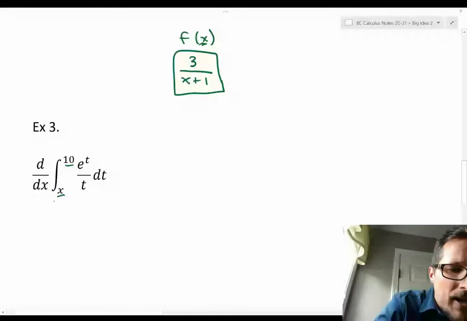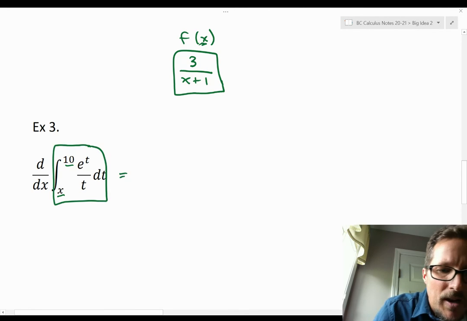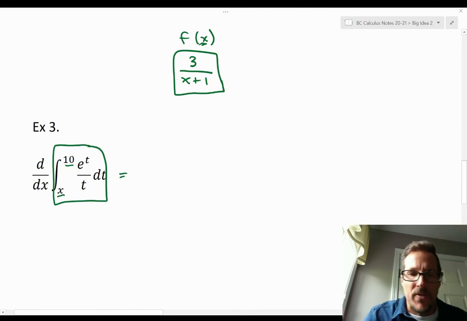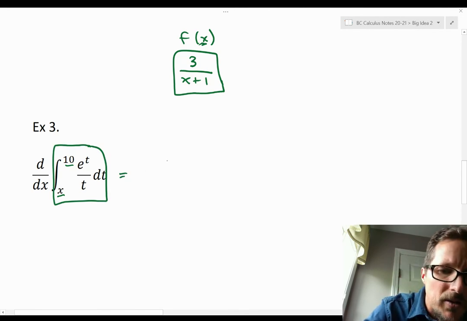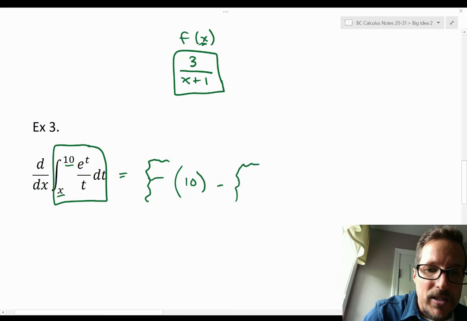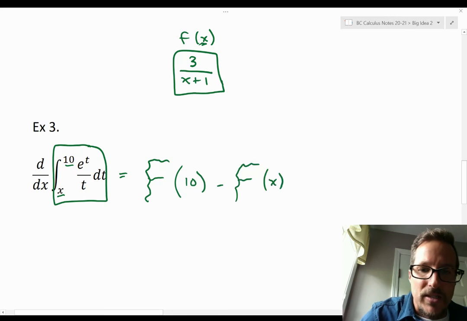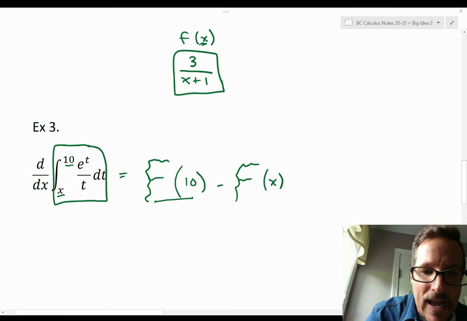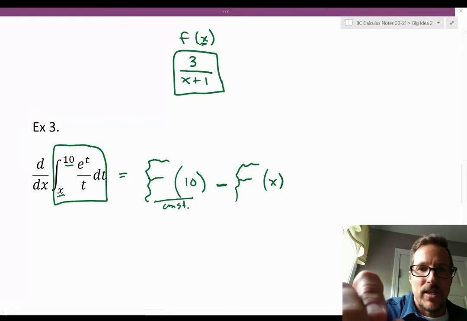I'm going to spend my energy here thinking about this in terms of the fundamental theorem of calculus, right? This mysterious antiderivative at 10 minus this mysterious antiderivative at x. What is any function at a constant 10? It's just a constant. So that part's a constant. Here I have negative mysterious antiderivative.